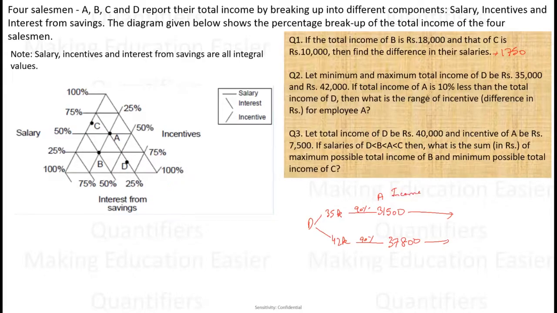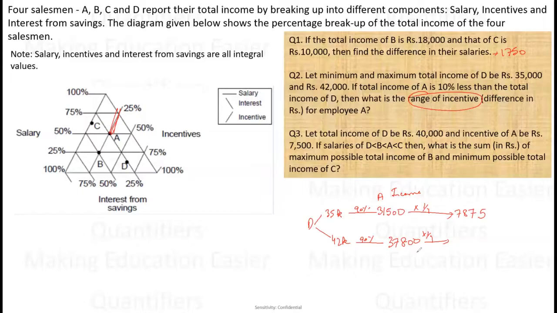And I need to find the range of incentive. Now, since I need to find the range of incentive, I must see that A's incentive is this 25%. A's incentive is 1/4 basically. So A's incentive is 1/4th of this or 1/4th of this. Since it has to be an integer, 4 times 7 is 28, carry on, and I get the integral value after solving this, right?